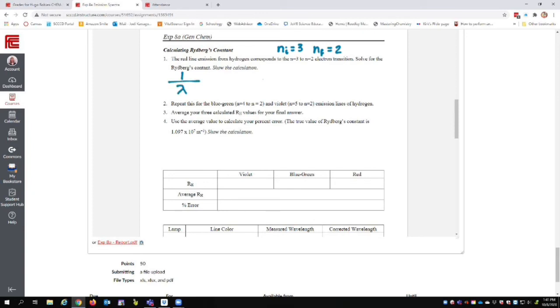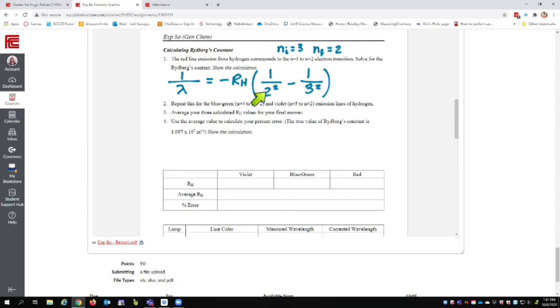1 over lambda. And so here you're going to take your corrected red wavelength and convert it to meters. Put that in there. And that's going to equal negative R_H times 1 over the final squared, 2, minus 1 over the initial squared, which is 3.